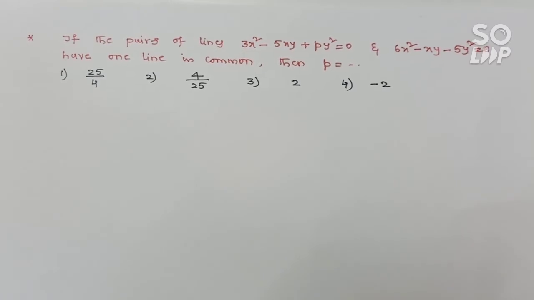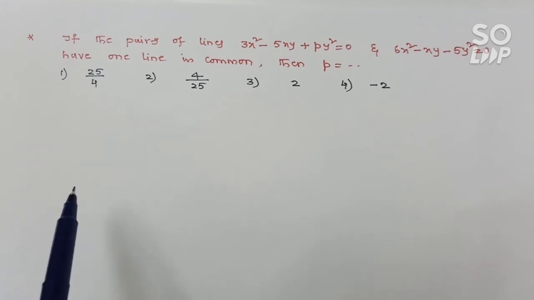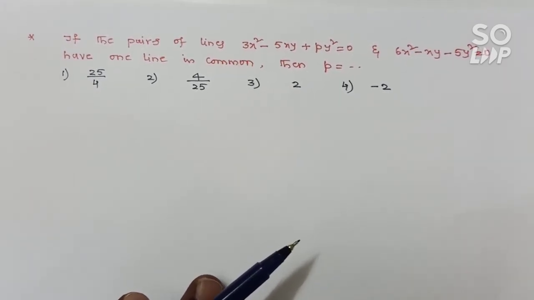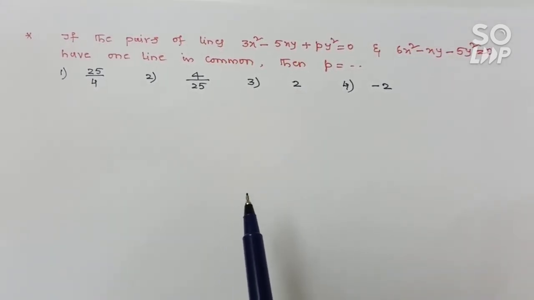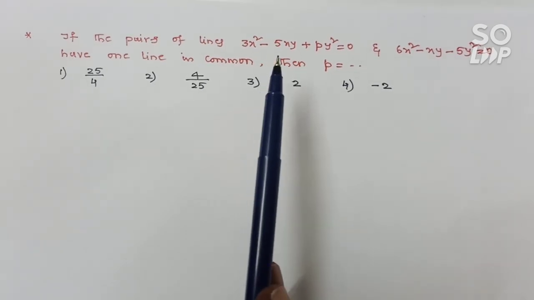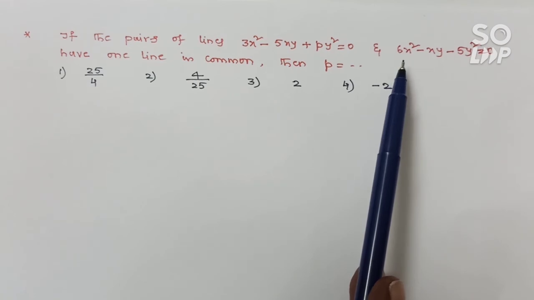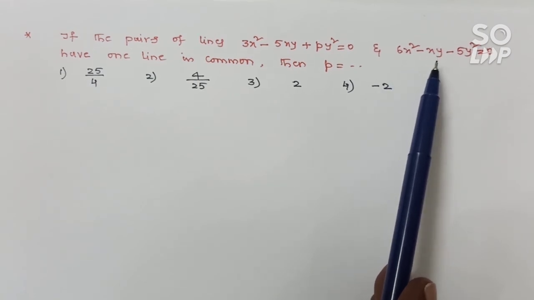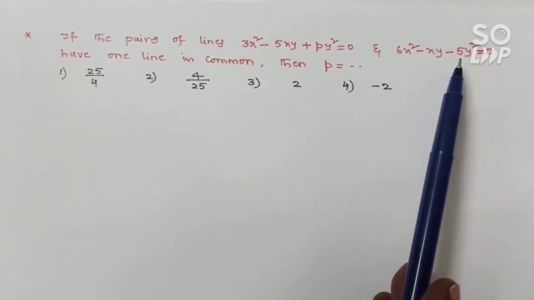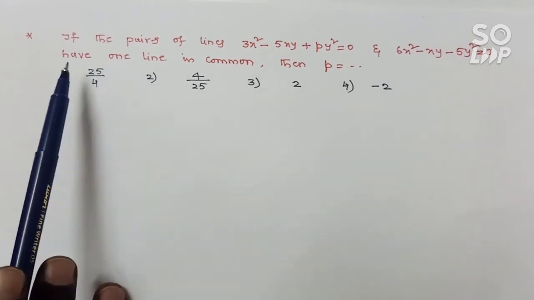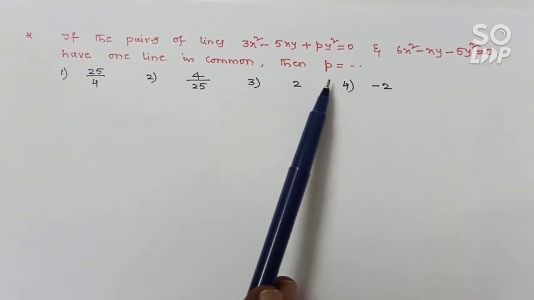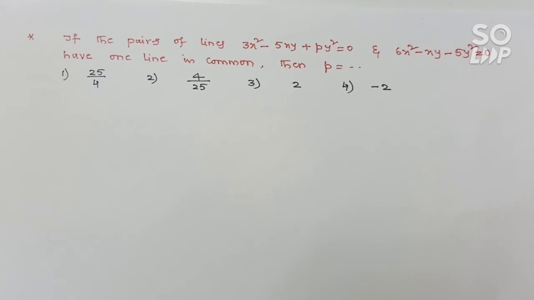Okay, all of you see this problem. Here, if the pairs of lines 3x square minus 5xy plus p y square equals 0 and 6x square minus xy minus 5 y square equals 0 have one line in common, then what is the p value?